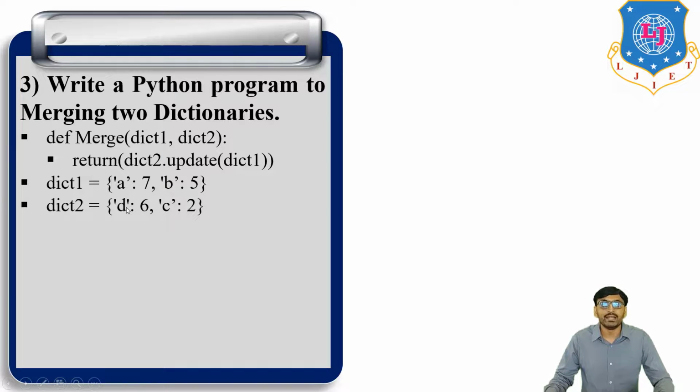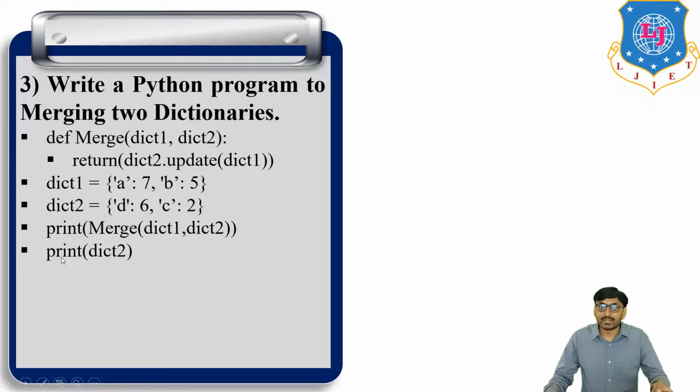Then dict2 has D and 6, C and 2 as key-values. So if we print merge dict1 and dict2, it means function calling, because merge is the function name, and dict1 and dict2 are the arguments. So this is compulsory for function calling. Okay. And at last print dict2.